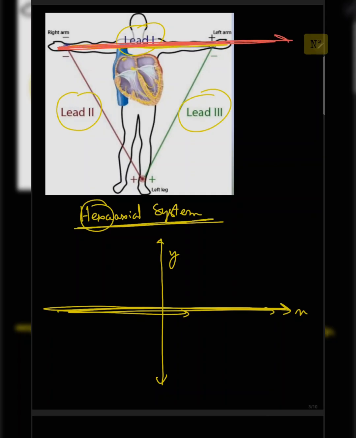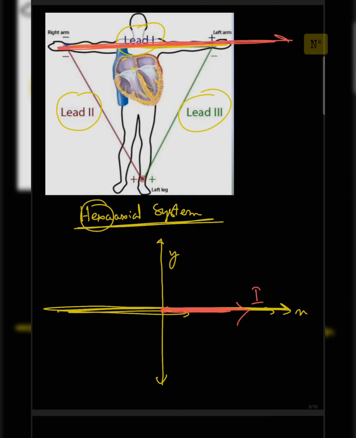So if I'm drawing lead 1 in the hexaaxial system, lead 1 is going at a 0-degree angle. In a hexaaxial system we just plot each and every lead with respect to the graphical representation of the axes.